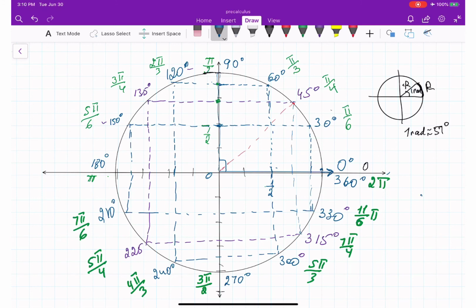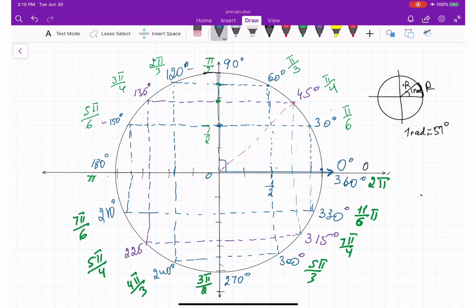Okay, this is the unit circle and the most common angles located on the unit circle. So why do we need that? We are going to use it in trigonometric functions. That will be my next video: trigonometric functions, which are also known as circular functions, angle functions, or goniometric functions.